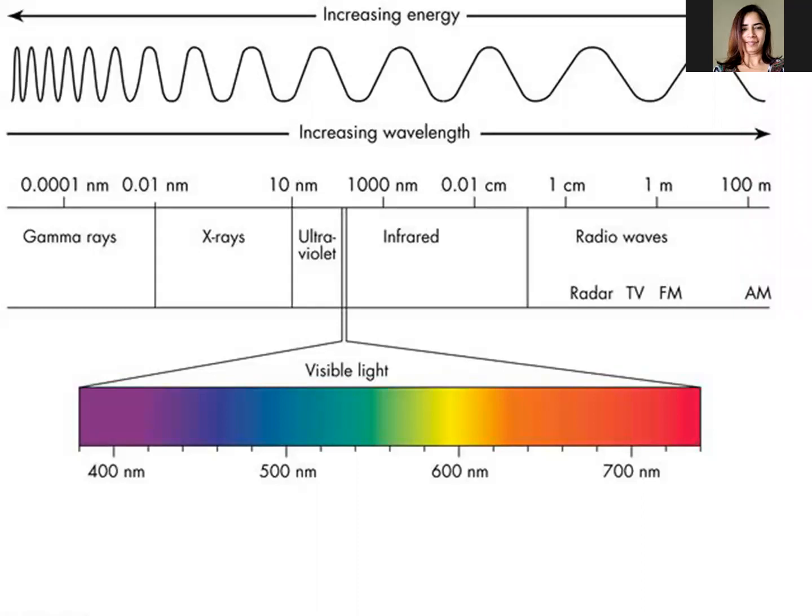The arrangement obtained by arranging various types of electromagnetic waves or radiations in order of the increasing wavelength is known as electromagnetic spectrum. Just look at the visible light. It occupies only a minuscule part of the electromagnetic radiation.